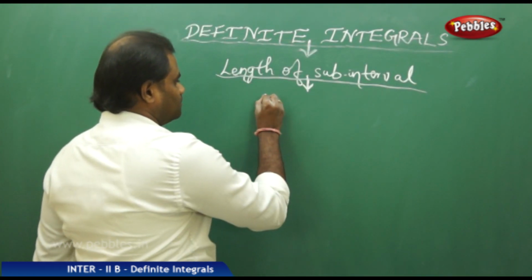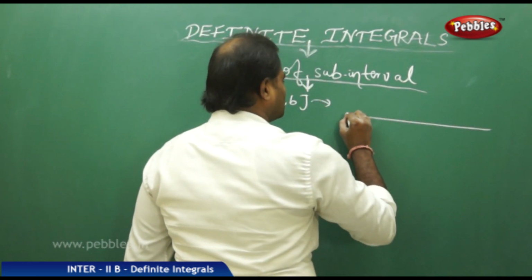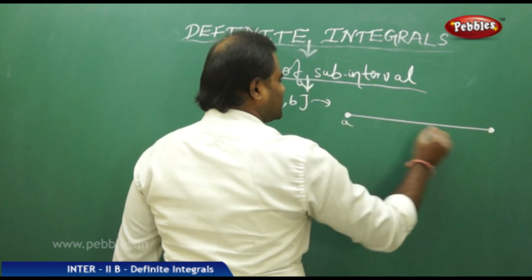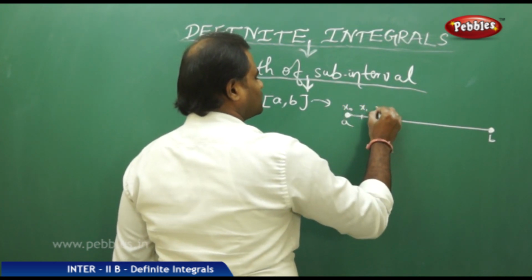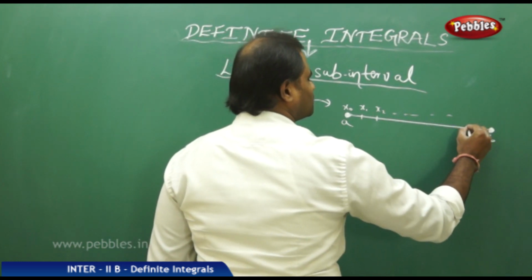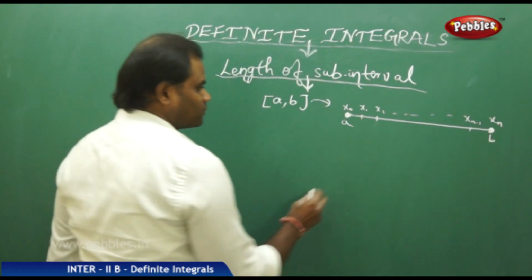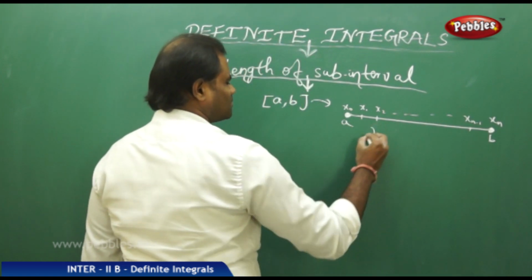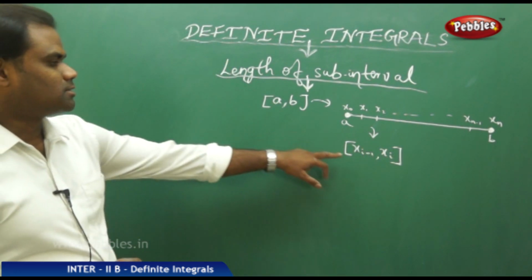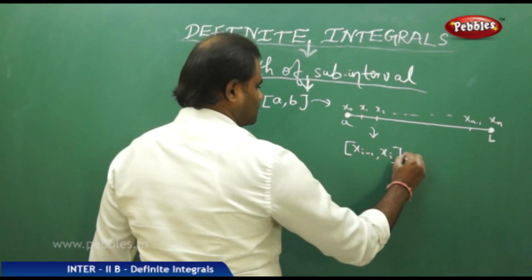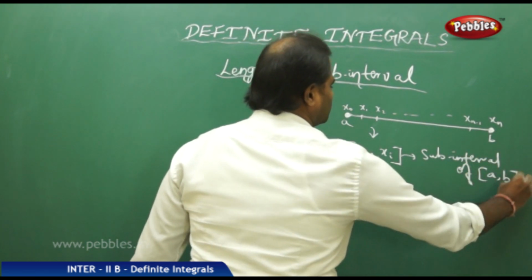If I have the closed interval AB denoted on the number line as A and B, with this being denoted by x0, and this x1, x2, and so on till xn minus 1 and xn, then the subinterval of this, say xi minus 1 to xi, is called a subinterval of the whole interval AB.